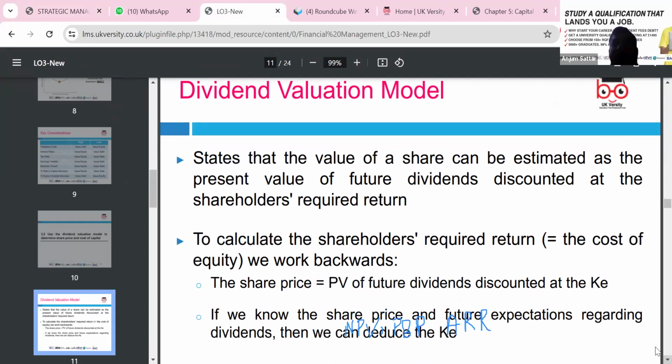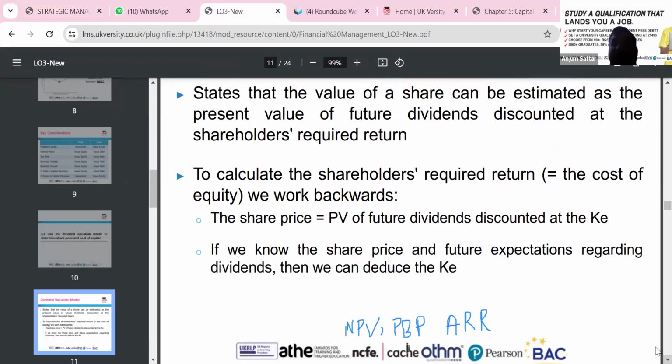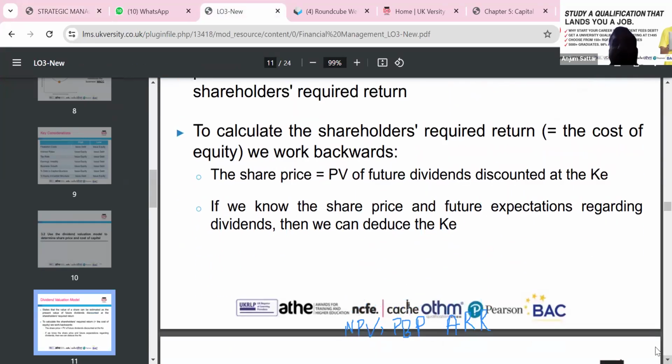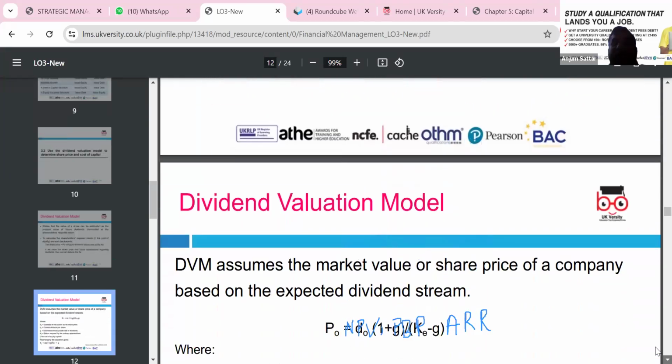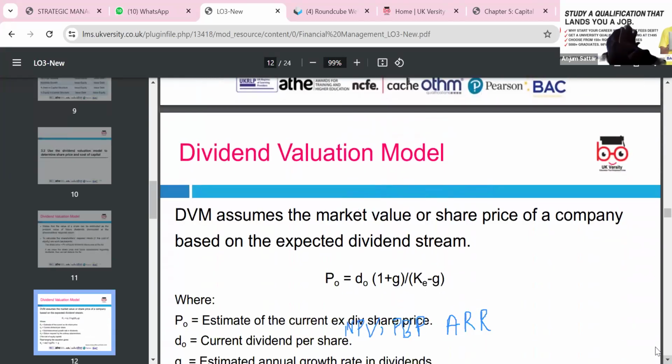To calculate the shareholders' required return, the cost of equity, we work backward from the PV. PV is the present value of the discounted dividends. So, from the cost of equity, the share price and the future expectations, we can derive the cost. This is the dividend valuation model, or DVM.